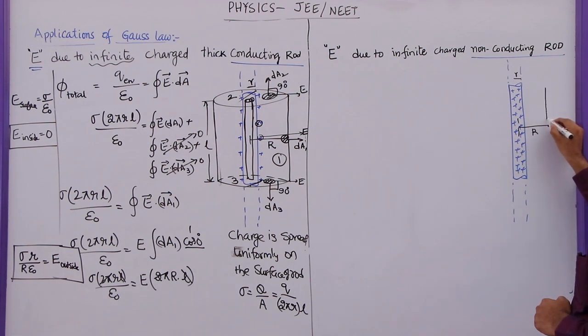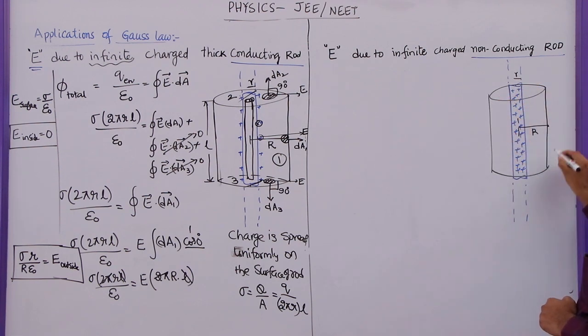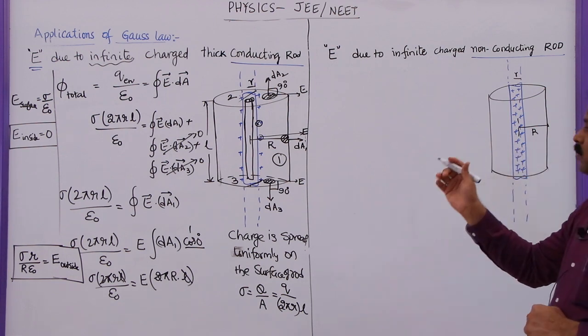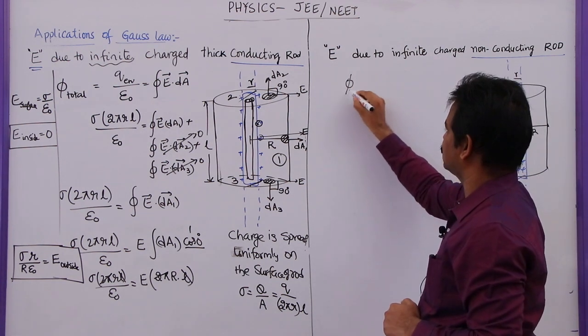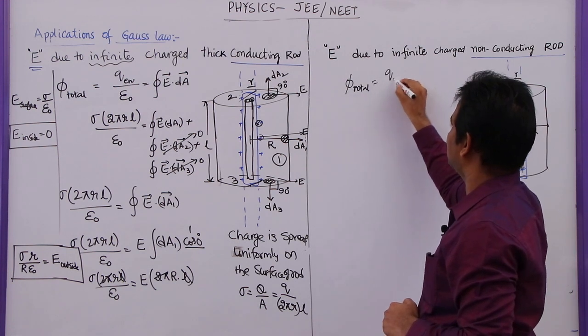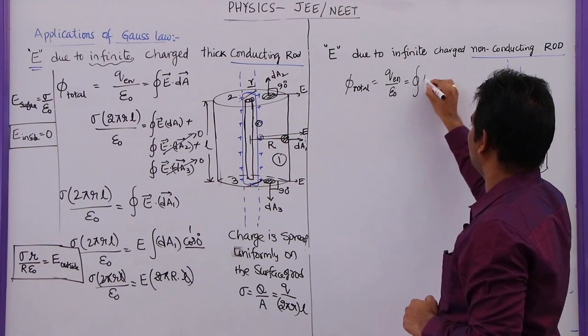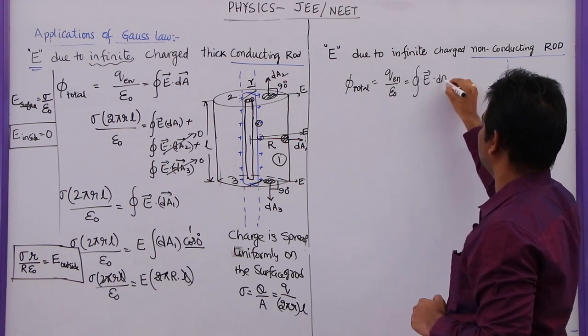So construct a Gaussian surface such that the point passes through that closed Gaussian surface. Similar formula: the total flux is given by charge enclosed by epsilon naught, which is equal to the closed integral of E bar dot dA bar.